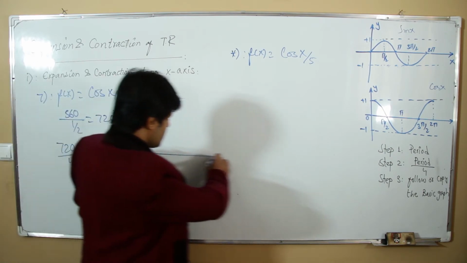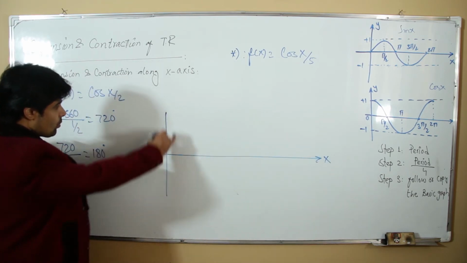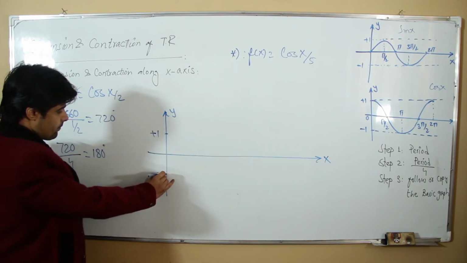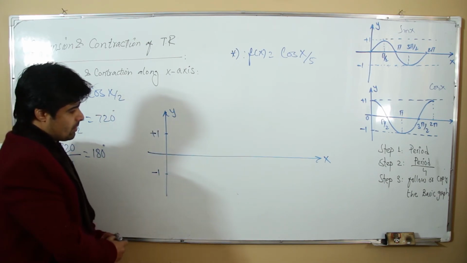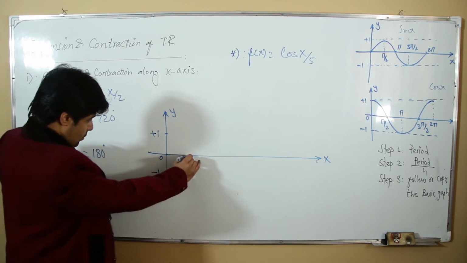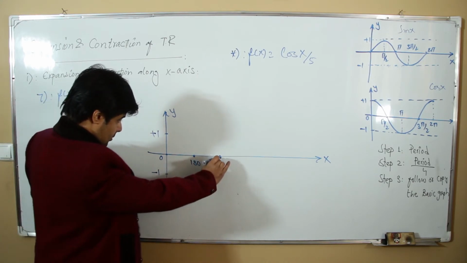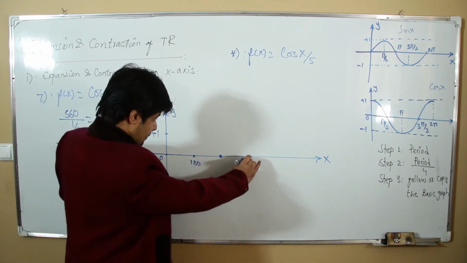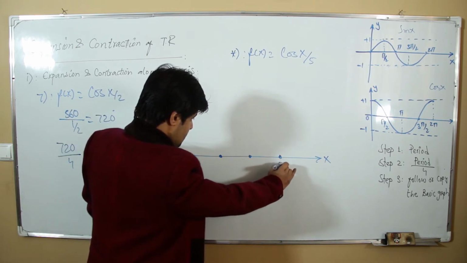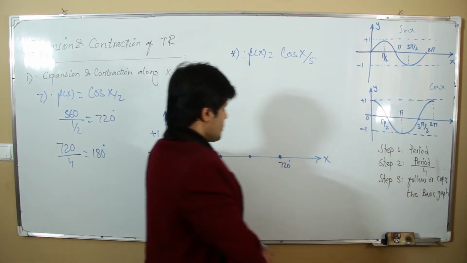This is your x-axis, this is your y-axis. Maximum value is positive 1, minimum value is negative 1. The numbers on the x-axis are 0, 180, another 180 which is 360, another 180 which is 540, and the last one which is 720.